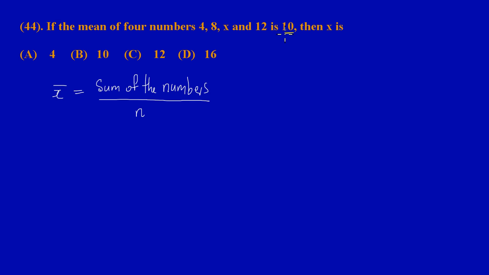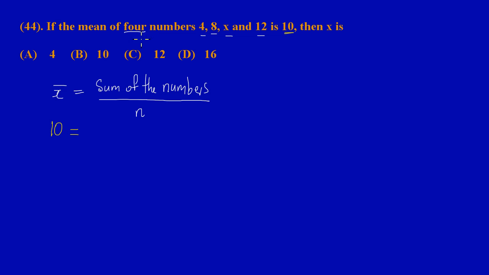So this is very important. They gave us the mean, so I can just substitute values, my friends. The mean is 10, so I'm going to replace the symbol x bar with 10. Now the sum of the numbers: they gave us 4, 8, x, and 12. So we have 4 numbers.